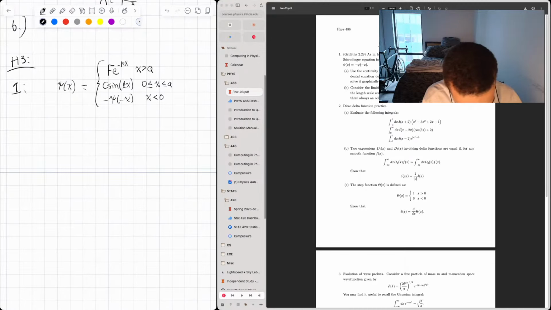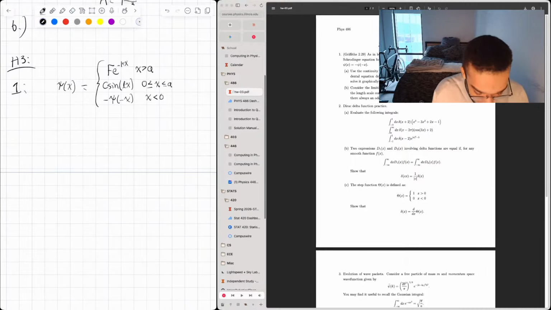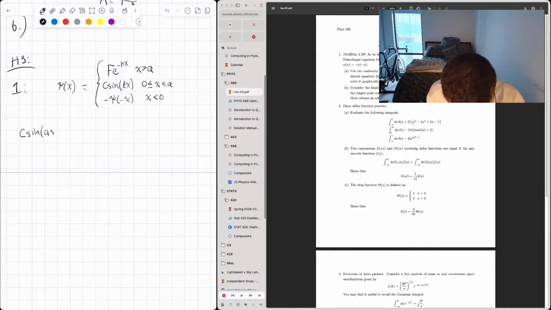Okay, so by continuity, we know that, well, actually, wait, okay, hold on. What do we know by continuity? We know that the wave function is continuous. So C sine ax will equal, no, not ax, la.